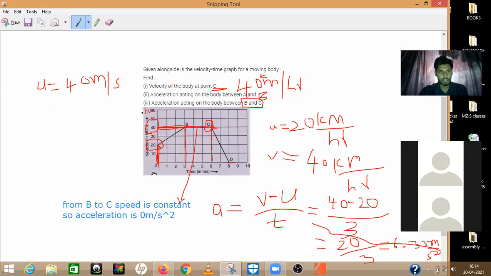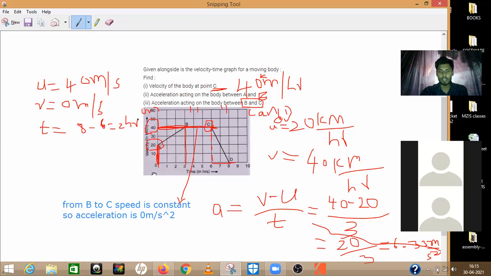The fourth part is not given in the textbook question, but you can take it from C and D. From C to D, initial velocity is 40, final velocity is 0 meter per second. Now what is the time period? If you observe, this is 6 and this is 8. So 8 minus 6, the time period is 2.